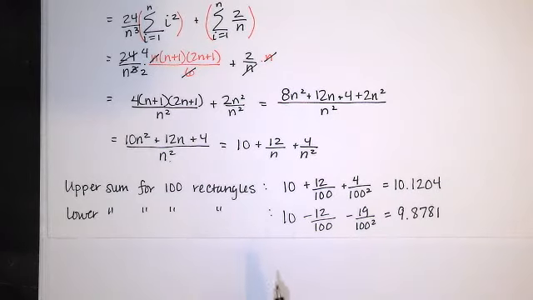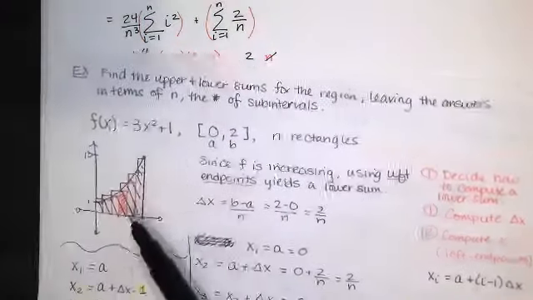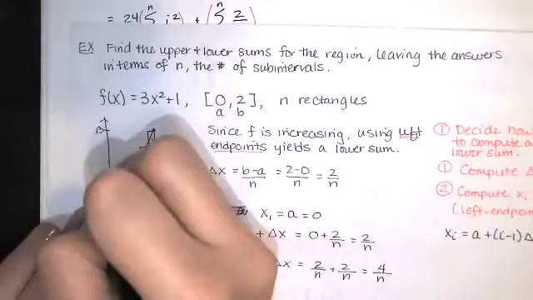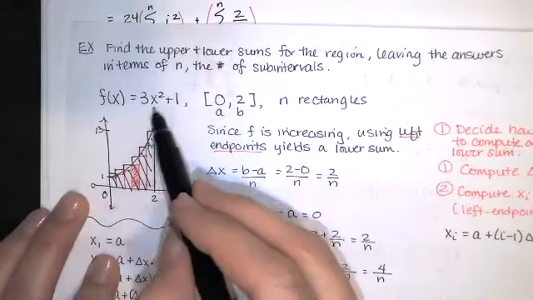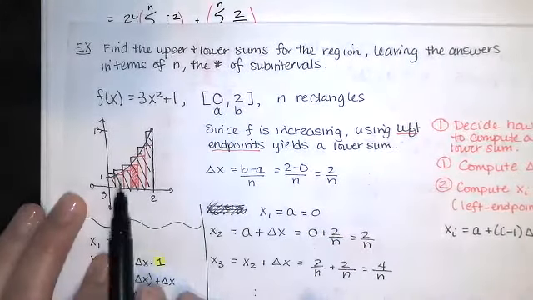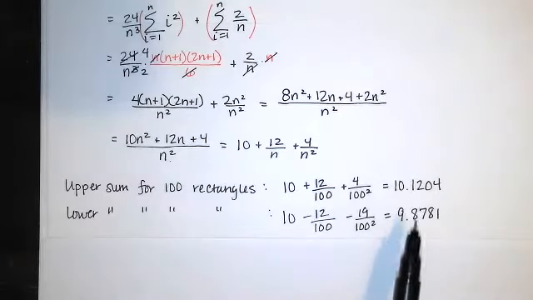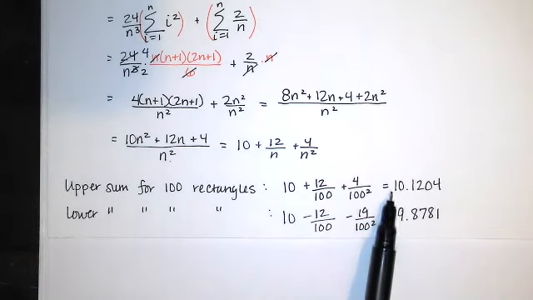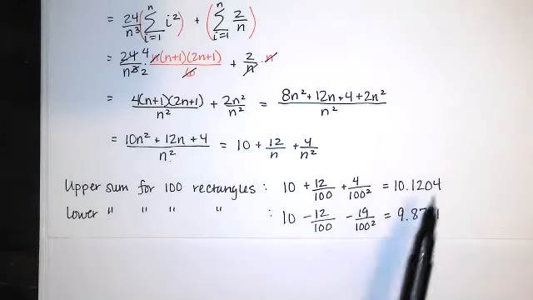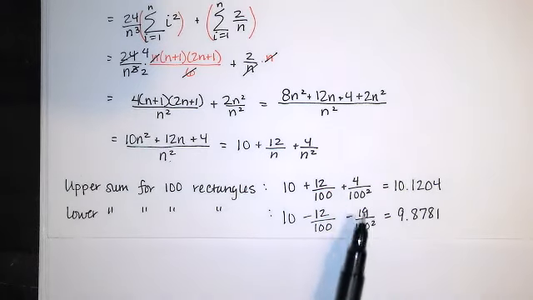So the true area, the actual area under the curve given by y equals 3x squared plus 1 on the interval from A to B, that area between that curve and the x-axis, is somewhere between 9.8781 and 10.1204. It's somewhere in there.